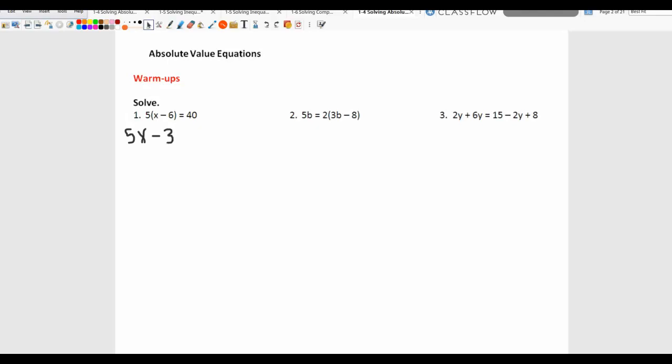So you'd get 5x minus 30 equals 40. Add 30 to both sides. 5x equals 70. Divide both sides by 5. And we get x equals 70 divided by 5, which is 14.